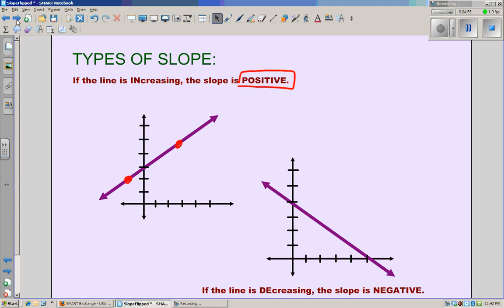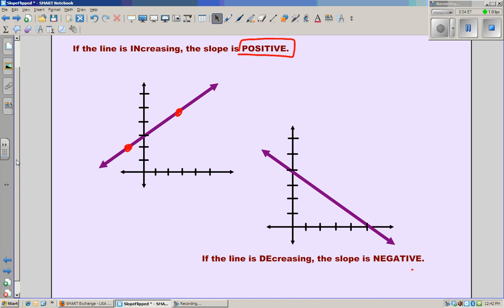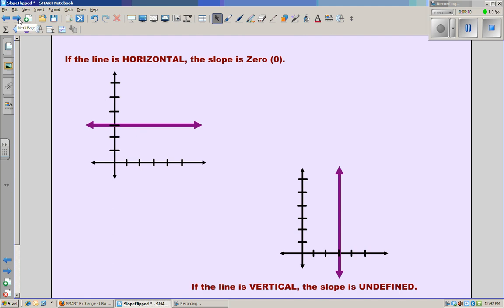If you look at my example that is beneath, this is a negative slope because when looking at the line, if I read left to right, like a book, it is moving down left to right. There are two more examples in which you need to know. The first one is that if a line is horizontal, the slope is 0.